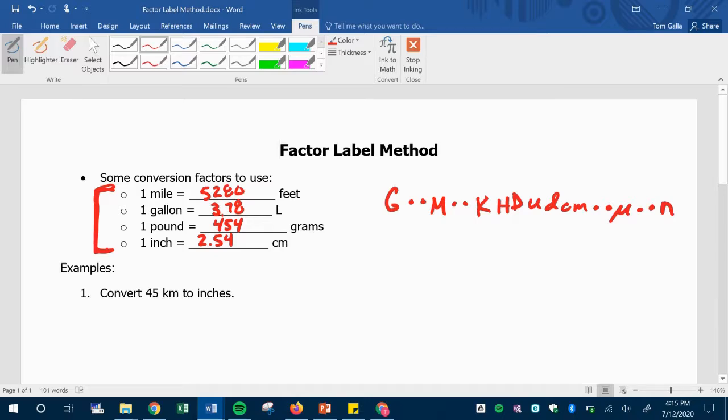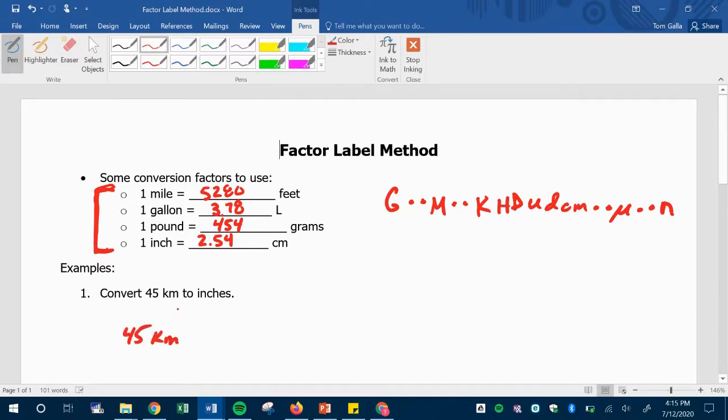Let's use our information here to solve our first question. Convert 45 kilometers to inches. We are going to set this up the exact same way we were setting up our metric conversions earlier, so it starts off with 45 kilometers.